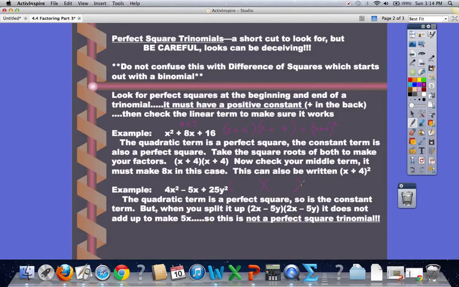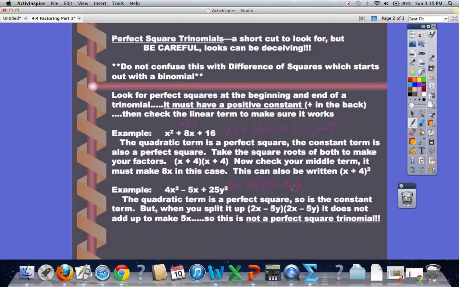All right, what signs are they going to be? It says same signs, and then we look right here, they're both going to be negative. So it's negative, negative. I can take the square root of the first term, the quadratic term, which is 2x, and 2x. And then I'm going to take the square root of 25y squared, which is going to make 5y and 5y.